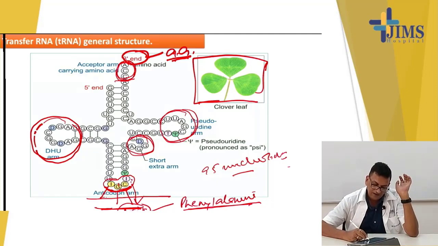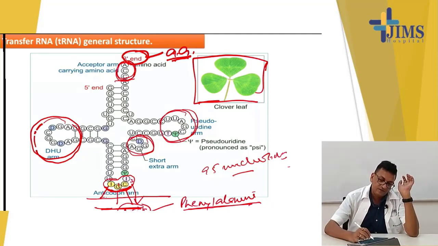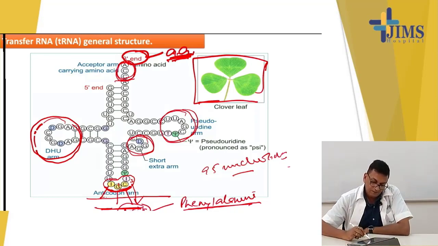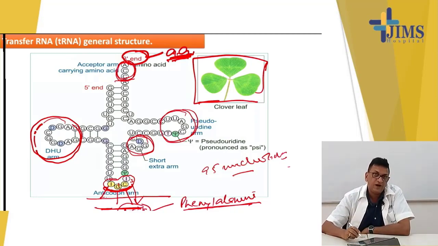Now, this complementary sequence will determine the binding of the amino acid at the 3' end. So, 3' end binding will be determined by the nucleotide sequence present in the anticodon loop, and that will be further determined by the codon in the mRNA.